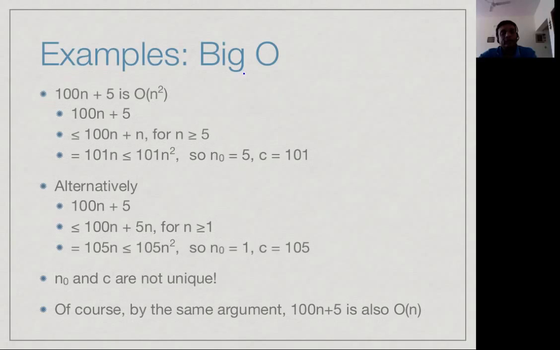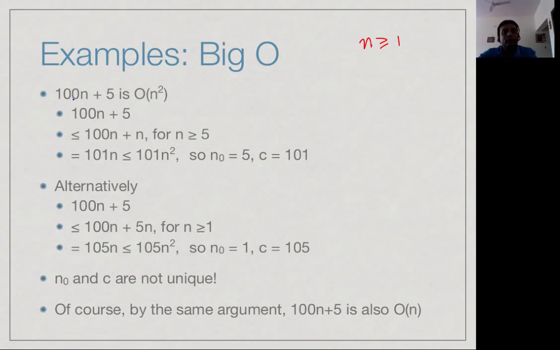So let's look at an example. Supposing we have this function t of n is 100n plus 5, then we claim that it is big O of n square. Now remember that n is supposed to be the input size. So the input size to a problem is always going to be at least 1. There's no problem that needs to be solved if your input is 0, and certainly we cannot have negative input. So we are always having in mind the situation that n is bigger than or equal to 1.